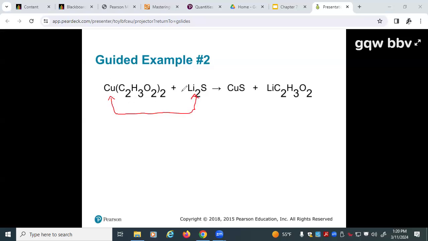I can see that the copper and the lithium here have switched places. That tells us right away that it's a replacement reaction, because that's where we see that kind of switching. And then the two compounds tell us it's double and not single. So that's the first part. We've identified this as double replacement.